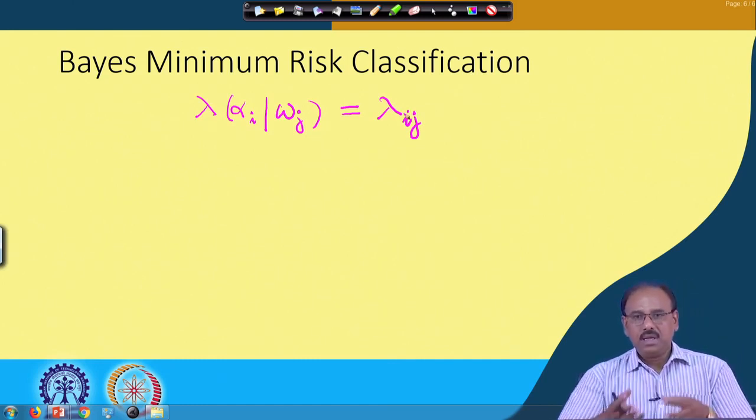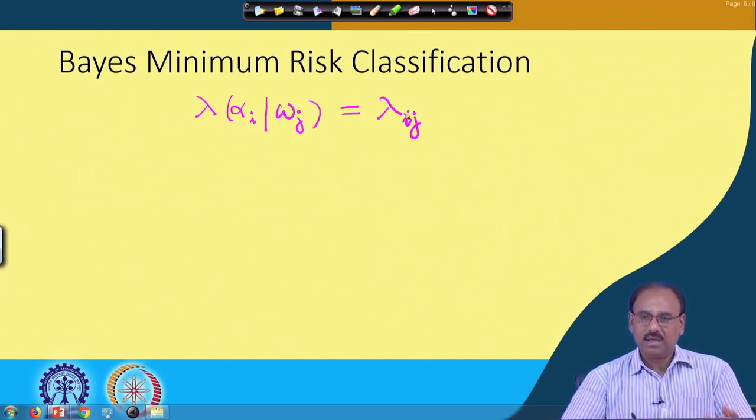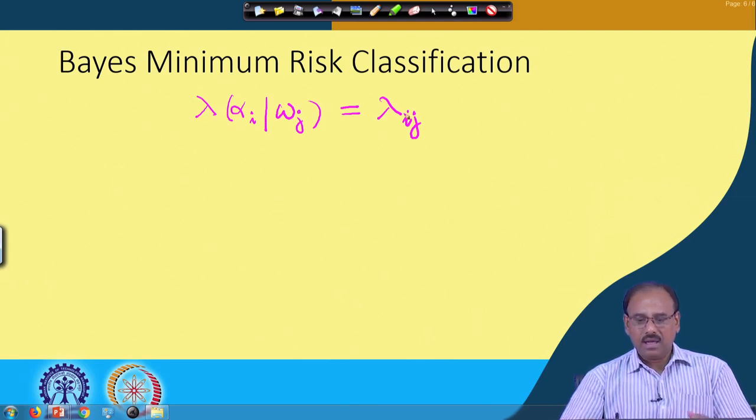So, if i is equal to j, that means I am taking the correct action. It belongs to class omega j, my decision is that it belongs to class omega j, and it actually belongs to class omega j. So, in that case, the loss that I incur is 0.